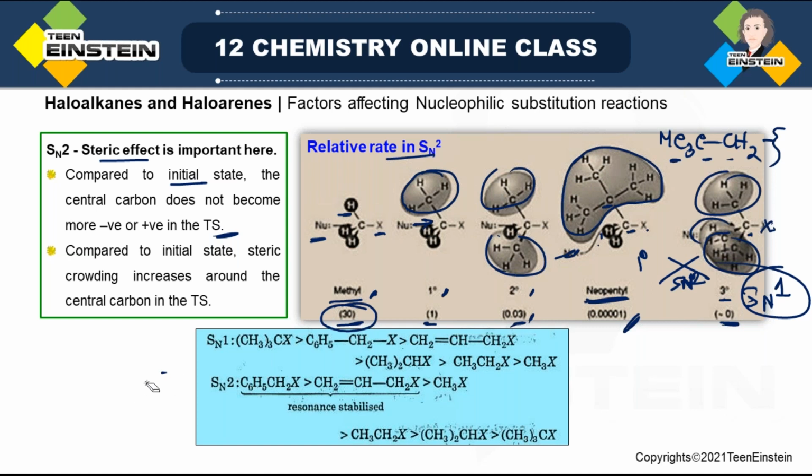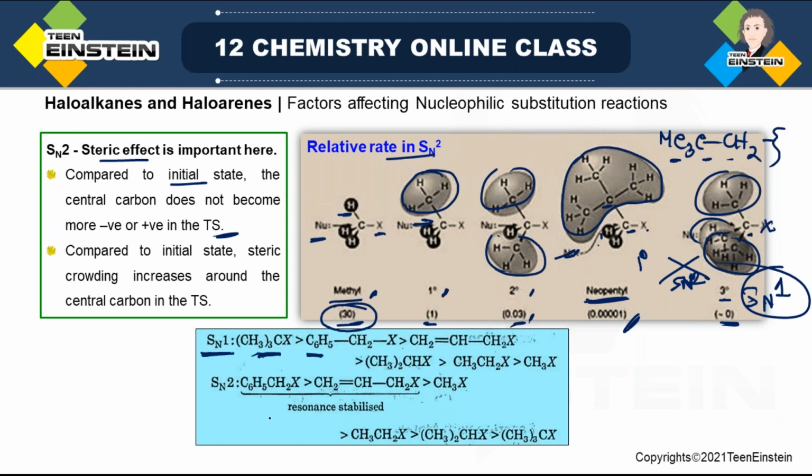Now some alkyl halide molecules are given here, and you can compare their order of reactivity in SN1 and SN2. First see in SN1 what kind of substrate we have taken. Maximum yield you can expect from the 3 degree halide, Me3CX.